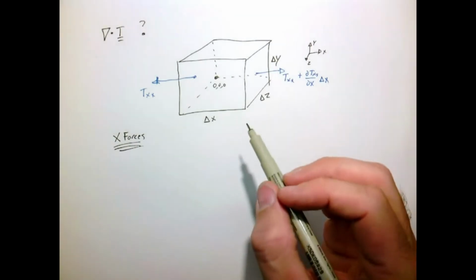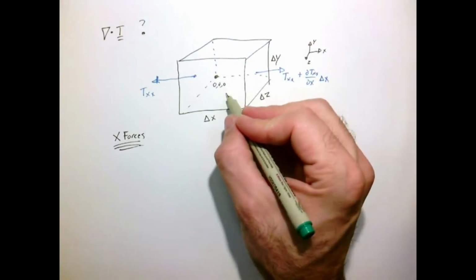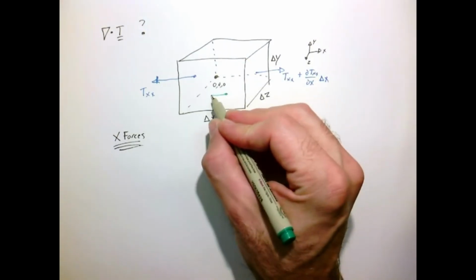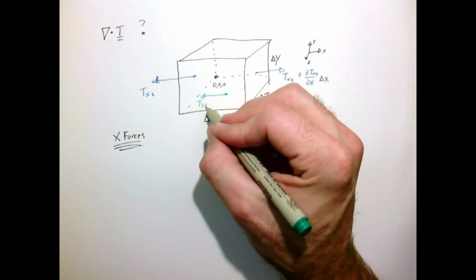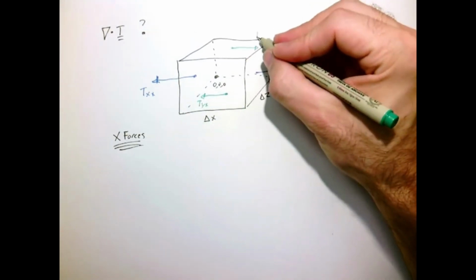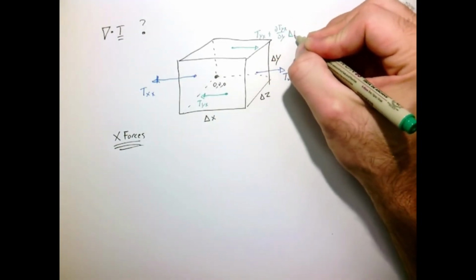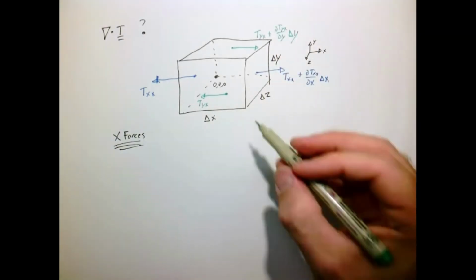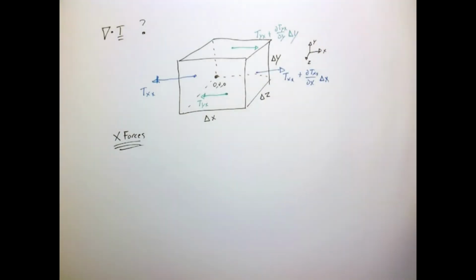Now let's do the forces acting on the 2 faces that have normal directions in y. We'll start at the bottom. That one will be pointing backwards. That is Tyx. And this one will be pointing that way. And likewise, if the stress tensor is not constant in space, it's going to be given by the value here at 0, 0, plus a little bit based on its gradient in the direction y.